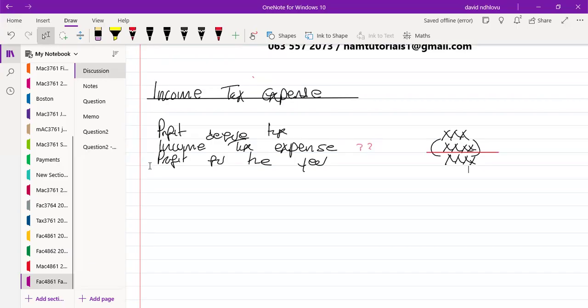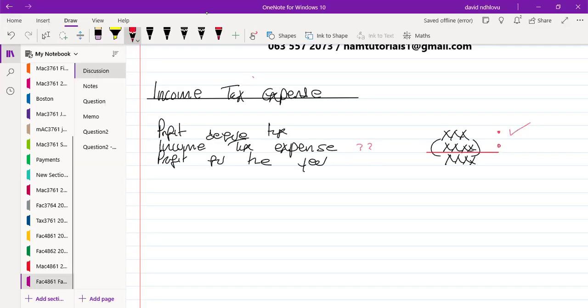Right. However, for the calculation of this figure, we said you don't take the profit figure and simply multiply it by 27%. Right, you will not get the correct figure. The reason for that was because we said there are certain things that we recognize in the calculation of profit before tax which don't have an implication in terms of taxation.